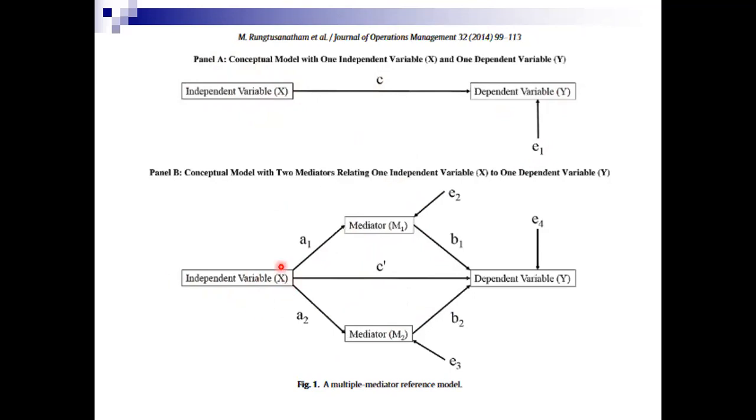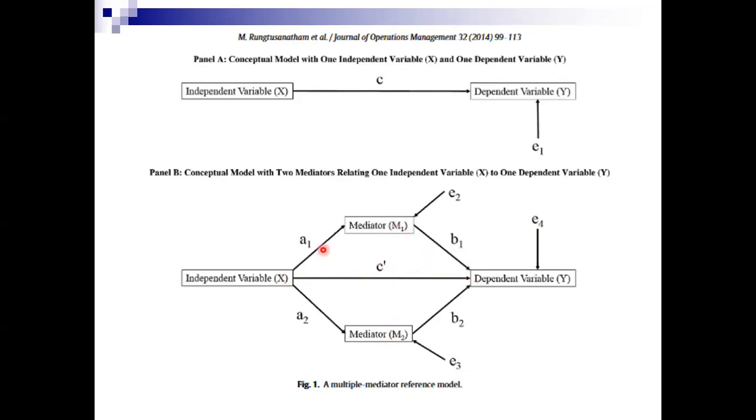So you have your independent variable here, X, and then you have the first mediator, M1, and the second mediator. Of course, there are error terms as well. And this is your C complement. That's the mediation between X and Y in the presence of mediators, okay?